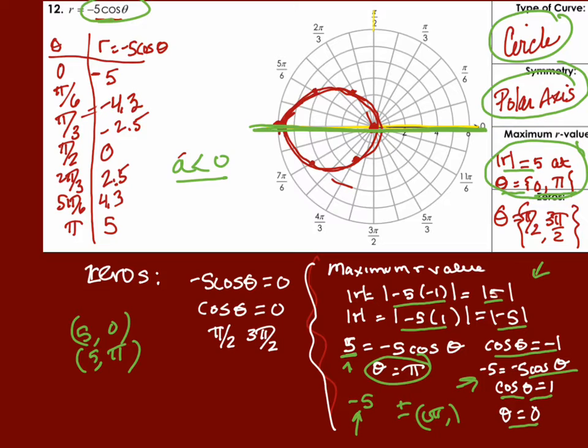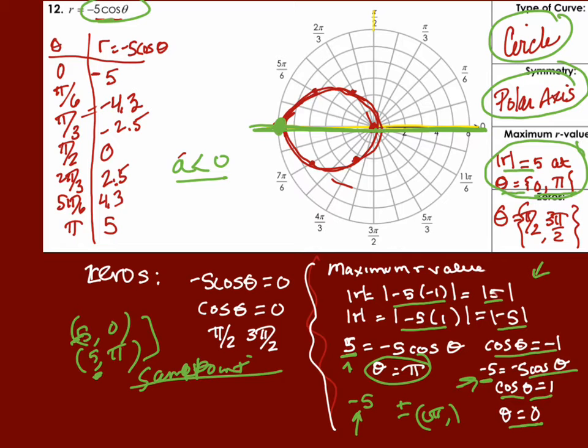It equals -5 when I substituted a -5, which would be at 0. So it's (-5, 0). And when I substituted in the +5, that gave me the pi. So this is where the +5 is. So I have a point (-5, 0) and (5, pi). At pi it's 5, so I can put that, and at 0 it's -5, which is exactly the same point. So these are the same point.